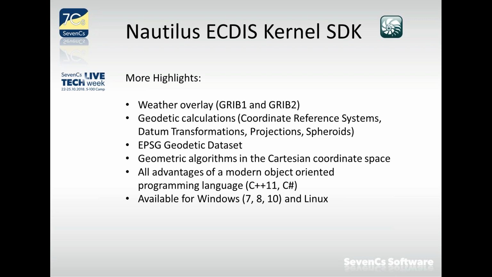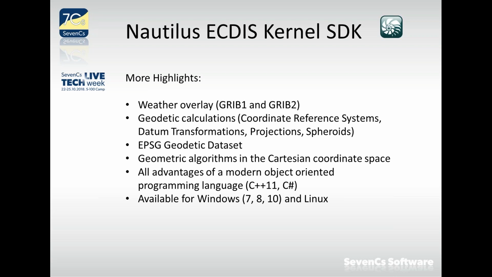Another highlight here is that we have any kind of geodetic calculations you want to do in this SDK. That includes coordinate reference systems, datum transformations, projections, calculations on spheroids, which might be useful if you want to know the length of a geodesic or the length of a loxodromic line. And we have the EPSG geodetic dataset.